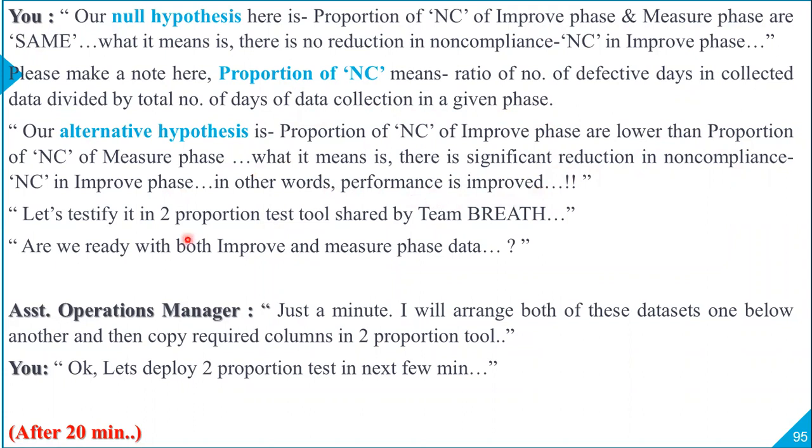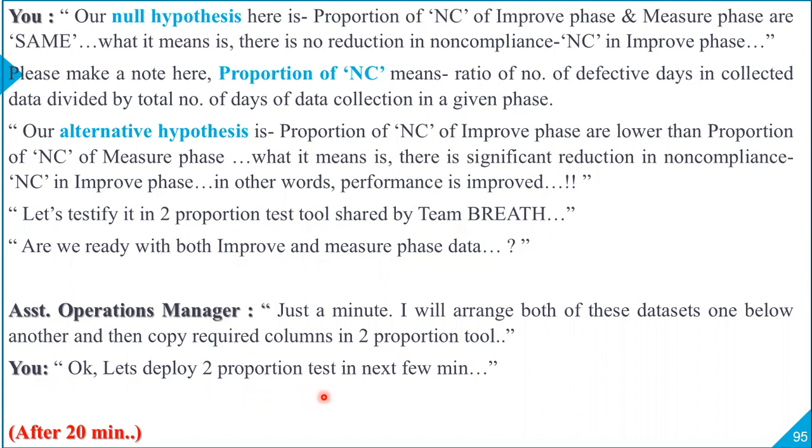So let's test it in the two proportion test tool shared by Team Break. Are we ready with both improve and measure phase data? Assistant Operations Manager replied, just a minute, I will arrange both of these data sets one below another and then copy the required columns into the proportion tool. He responded, okay, let's deploy the two proportion test in the next few minutes.